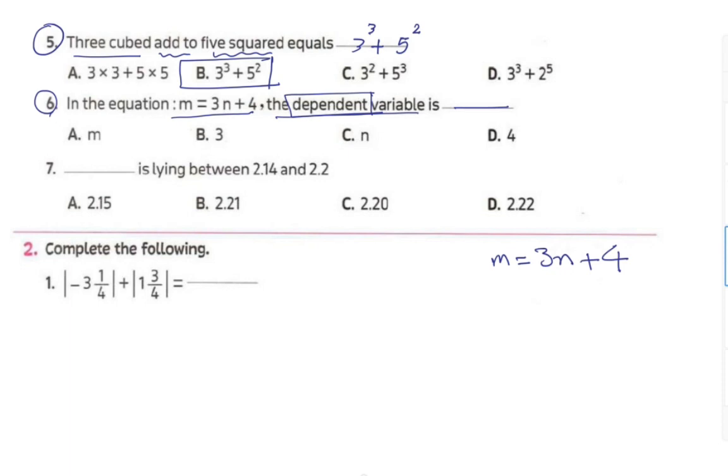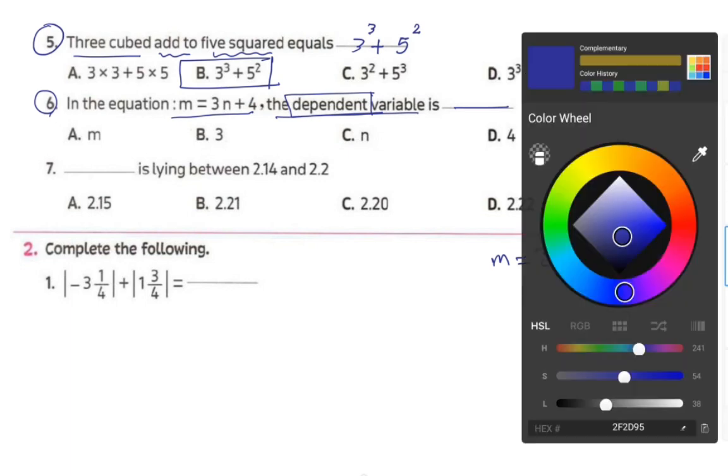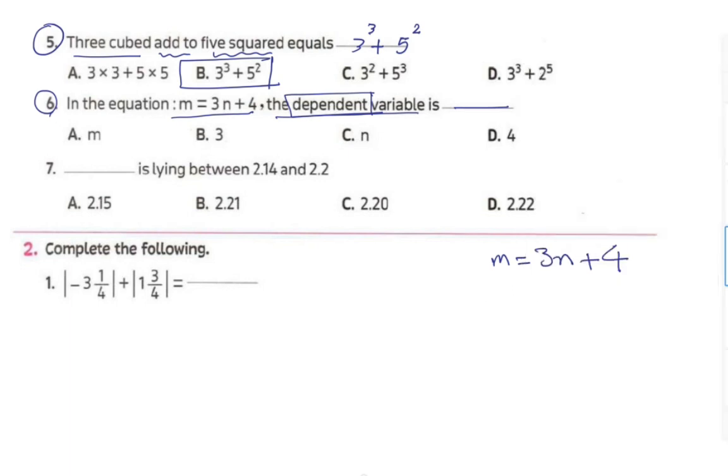Okay, how do we know which one is the dependent and which one is the independent? Of course, you have just one variable alone, on the left side or the right side, whatever, and I have another variable multiplied by a number and added to another number and so on.